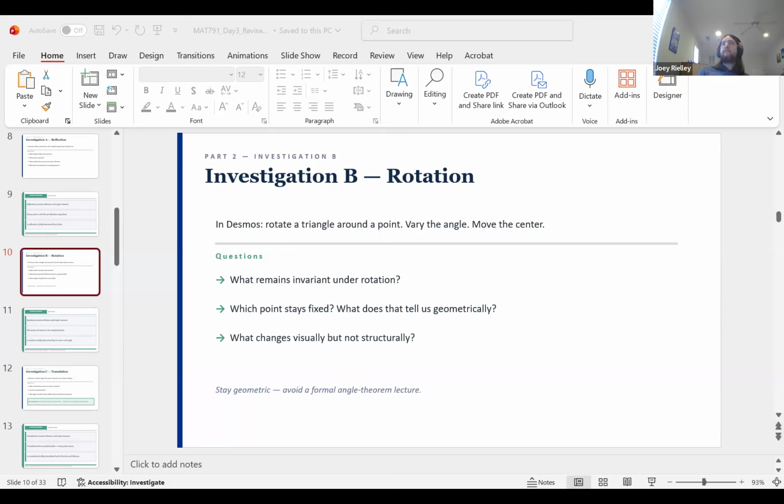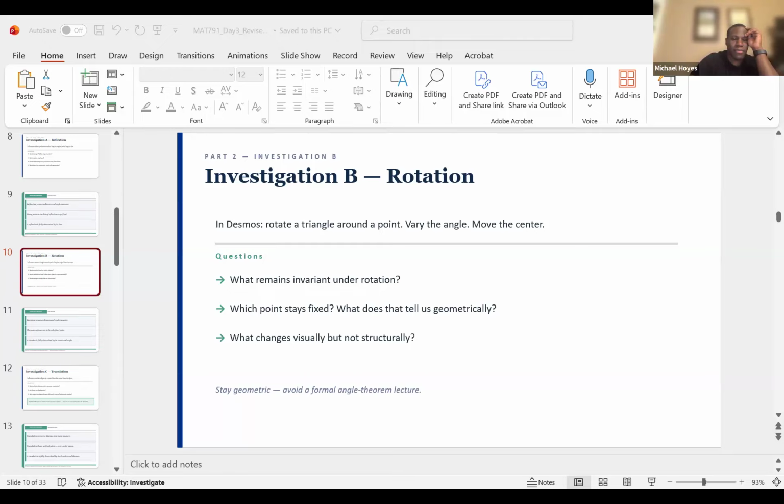Could you show that? Well, you can't measure in Desmos geometry because that's not enabled. I think you can still measure angles, but I don't think you can measure side lengths there.